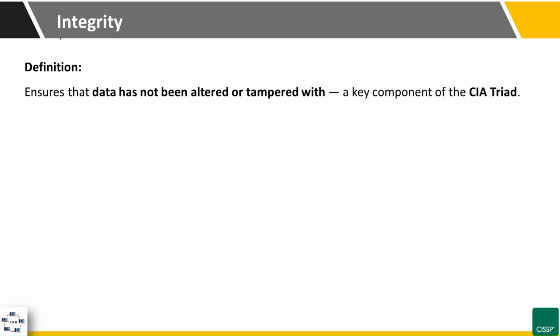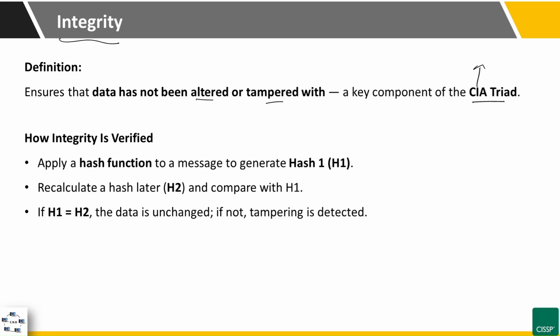Integrity. How do we ensure integrity through cryptography? Integrity ensures that data has not been altered or tampered with. It is a key component of the CIA triad, the I being for integrity. So how is integrity verified? Apply a hash to a message to generate the hash, or you can call it H1.